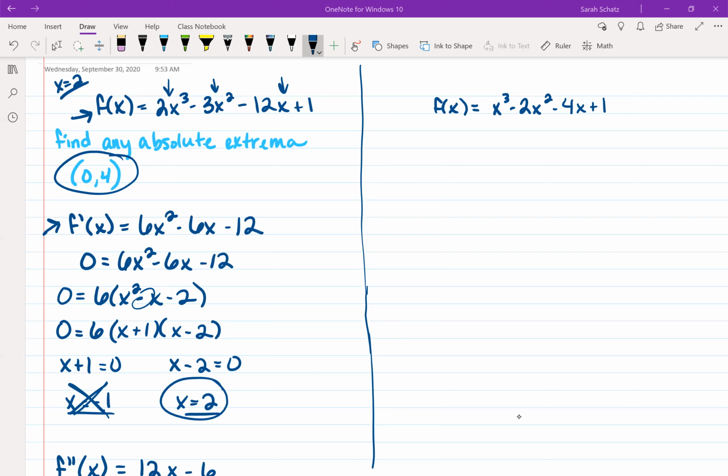Hold on, guys. Are we having video problems? Is it working okay? It might be frozen. Okay. Here, can you see my squiggly lines? Yeah, you're good. Yeah, we see it. Okay.